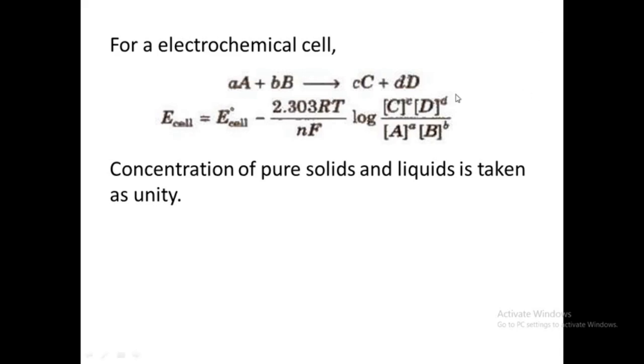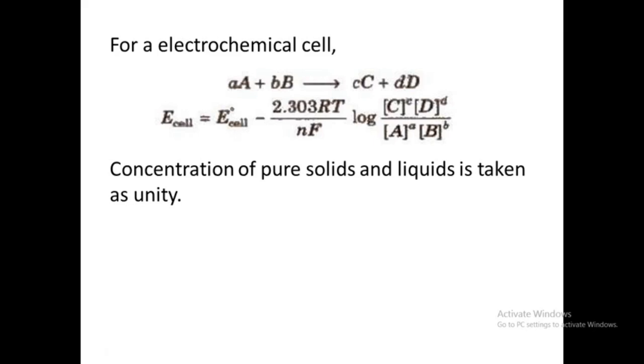And for this cell reaction, according to Nernst, E cell, that means the cell potential, equals E naught cell, that is the standard cell potential, minus 2.303 RT divided by nF log of the concentration of products divided by the concentration of reactants, each raised to the power of its stoichiometric coefficient. In the case of C, the stoichiometric coefficient is small c, therefore small c is represented as the power.